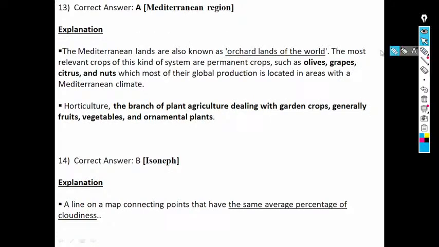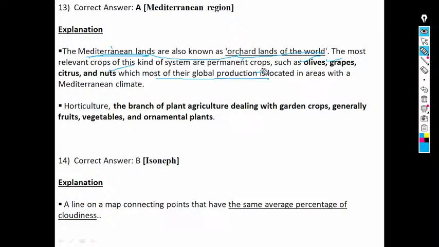The Mediterranean lands are also known as the orchard lands of the world. Mainly around the Mediterranean Sea: Portugal, Greece, Spain, Andorra. The most relevant crops of this system are permanent crops such as olives, grapes, citrus and nuts, most of whose global production is in the area around the Mediterranean Sea.